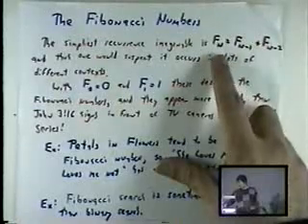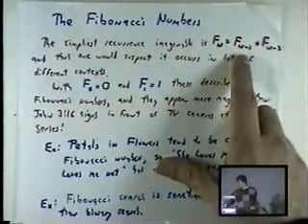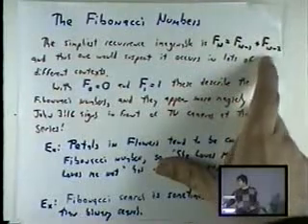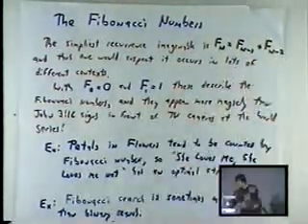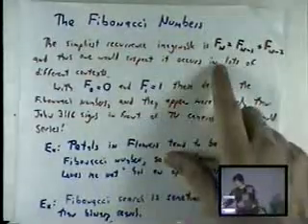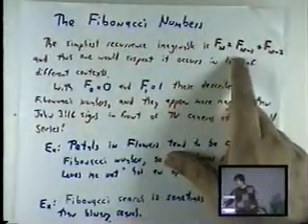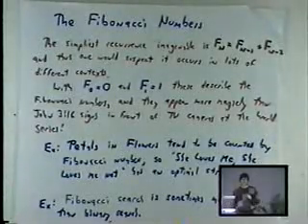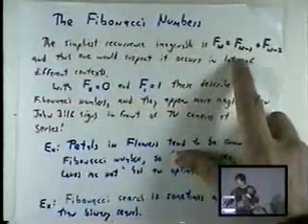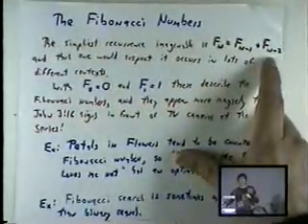F sub n equals F sub n minus 1 plus F sub n minus 2. If you think about it, a recurrence relation of the form F sub n equals F sub n minus 1 plus something that's not recursive is a simple summation. We saw that earlier in the semester. This is the simplest recurrence relation you can have with 2 terms in it.